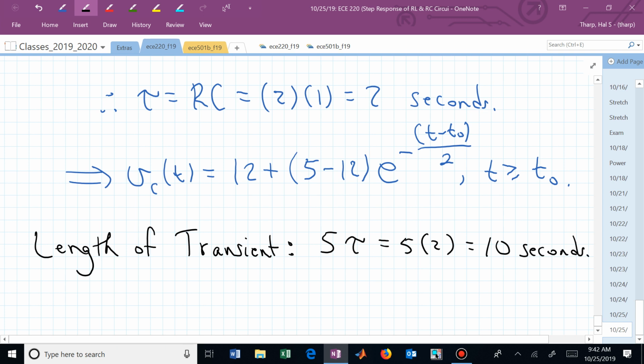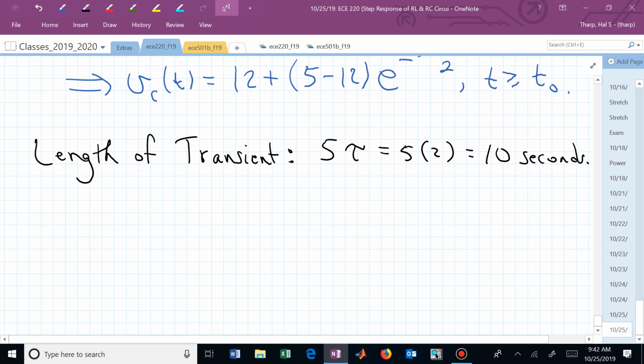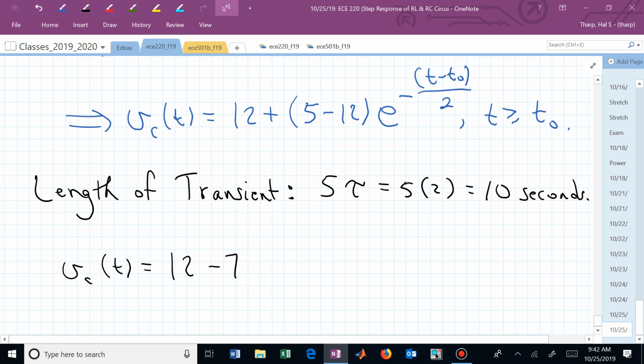That's a pretty slow electrical system, so we have to wait 10 seconds. Or we can now say that V sub C of t is 12. We can do the algebra inside the initial minus final to get 7, e to the minus 0.5 times t minus t sub 0 for t greater than or equal to t sub 0.